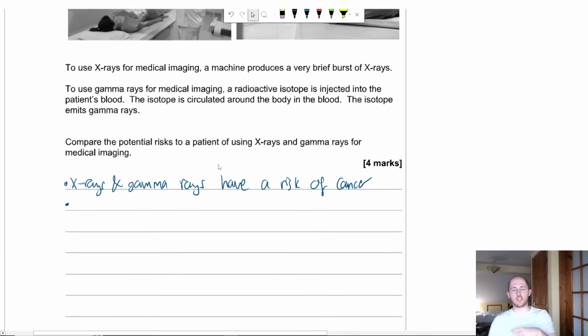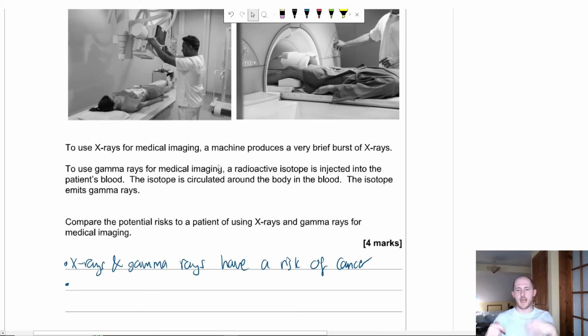Now the question is, which is kind of worse, X-rays or gamma rays? Well, if we actually look, they've given us a little bit of information. First of all, very brief burst of X-rays. That implies it's very quick. Whereas with the gamma rays, it doesn't say it's brief. In fact, it says the isotope is circulating around your body. You can imagine that takes longer than just a flash. If you've ever had an X-ray, it literally is like taking a picture.